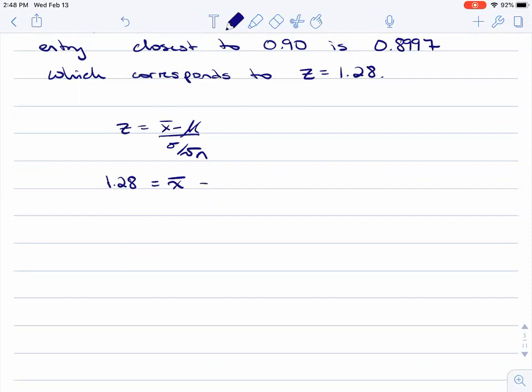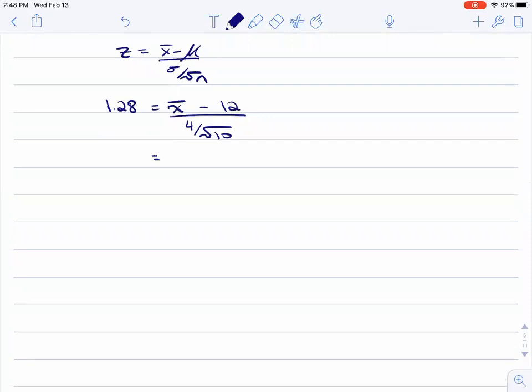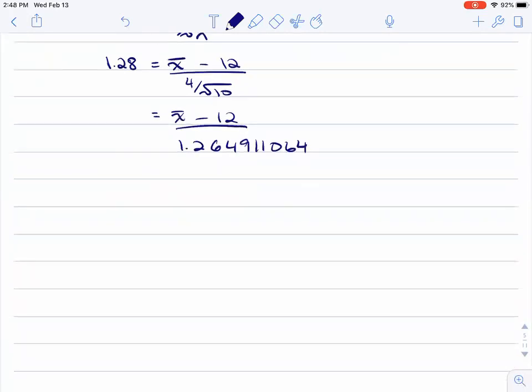So X bar minus mu, which was 12, over sigma, which is 4 over the square root of 10. I cheated earlier and stored 4 over root 10, but it's 1.264911064. Times that by 1.28 to bring it over to the other side.